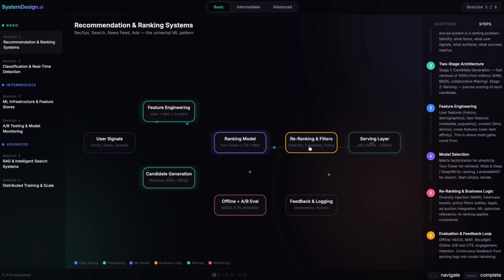Then we go with re-ranking and filtering. We need re-ranking and filtering to restrict some elements, like items that are out of stock, or anything crossing the limits of showing customers sensitive information, or something we need to protect customers from.